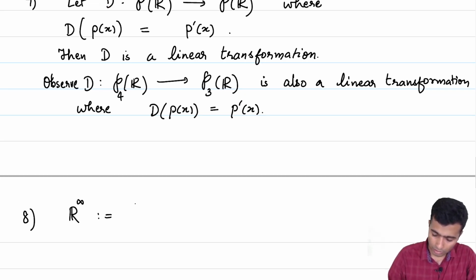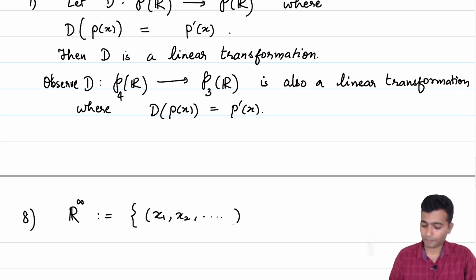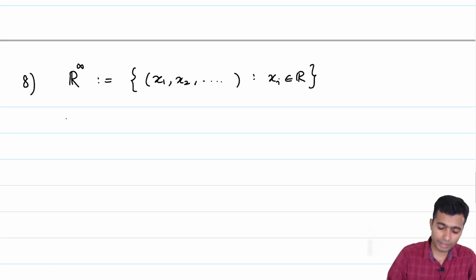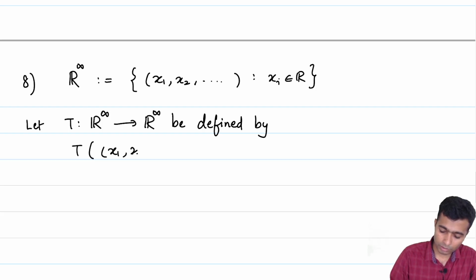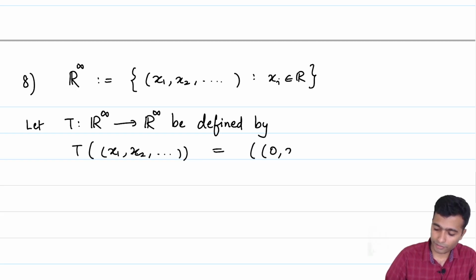Let me recall that this is the vector space of infinite sequences x1, x2, dot dot dot, where the xi's are all elements in R, and let T from R infinity to itself be defined by T of x1, x2, dot dot dot being mapped to the sequence shifted to the right.